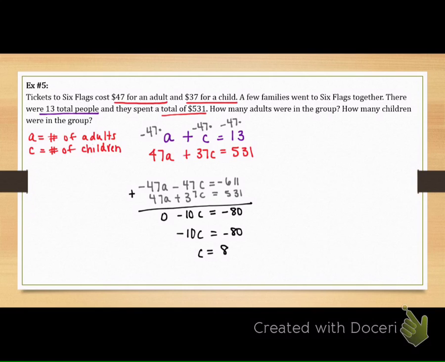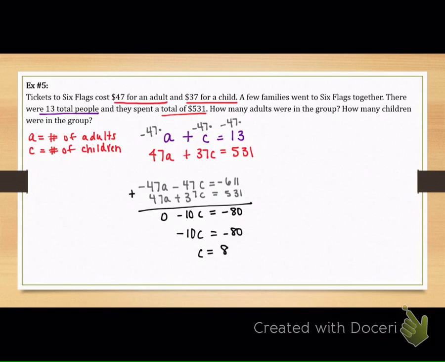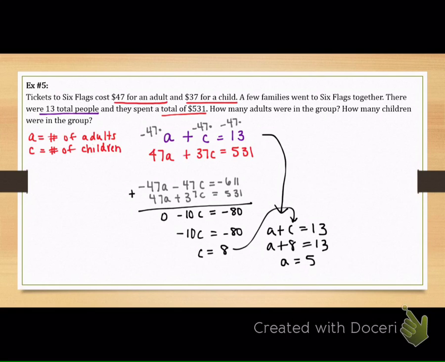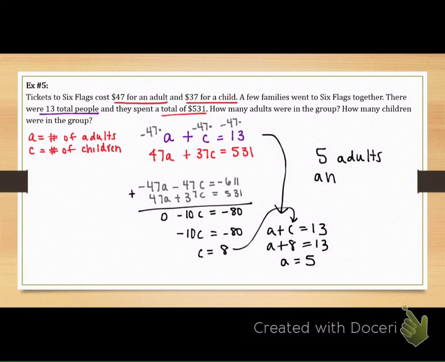Second equation, do you think that one's easier than the first one? The first one doesn't have any numbers in front, meaning you don't have to multiply. I mean, you could do that, but it's going to be a little bit quicker to do this one. Just for your own time's sake. Help yourself out. So, 5 adults and 8 children went to Six Flags.